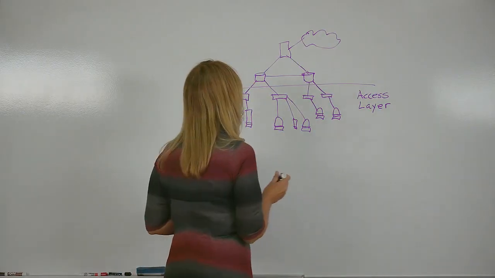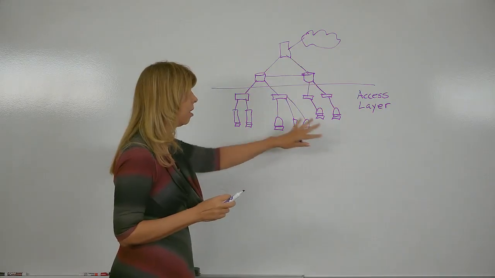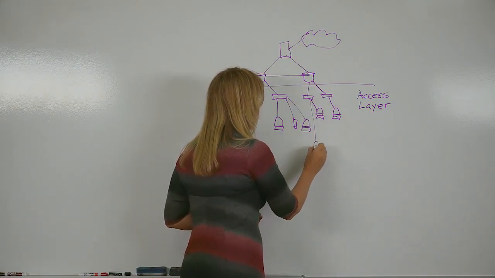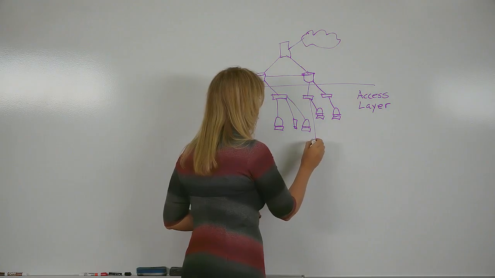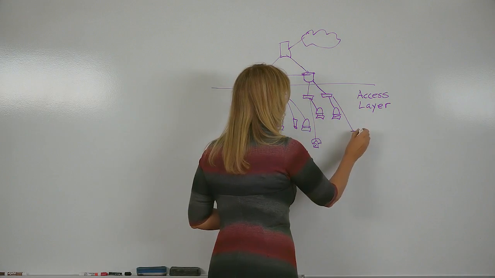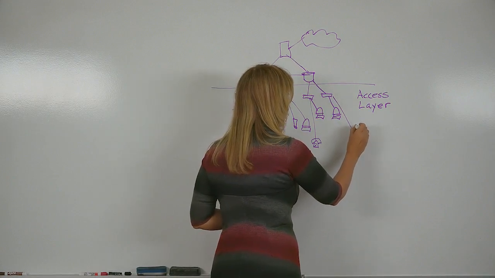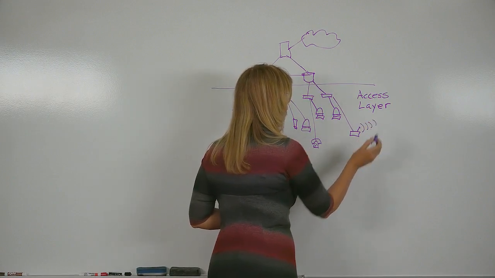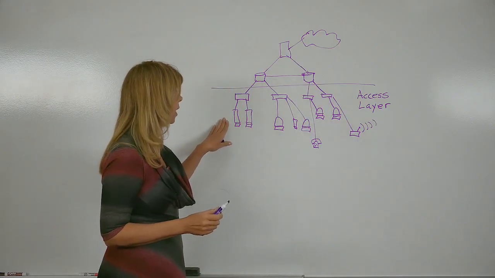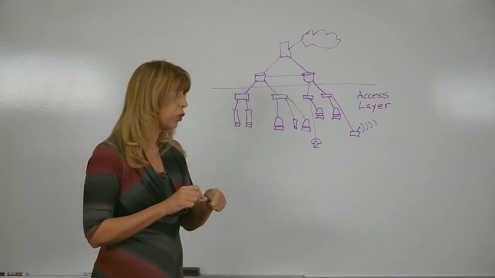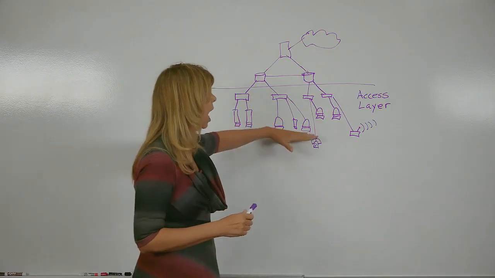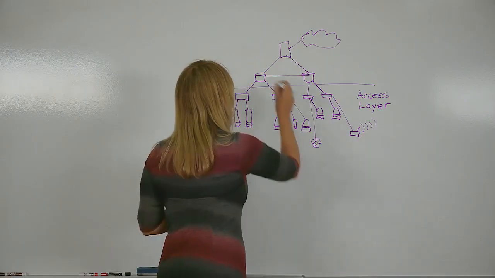Some types of things that are at the access layer are end user computers, but you'll also see IP phones and access points that provide wireless entry. And to some degree, you will see servers and services being provided at the access layer. The next layer up is the distribution layer.